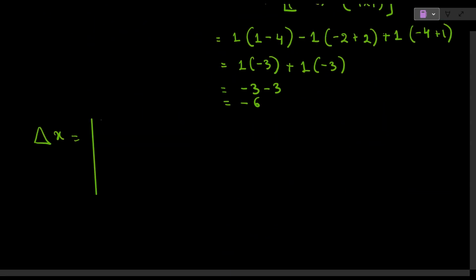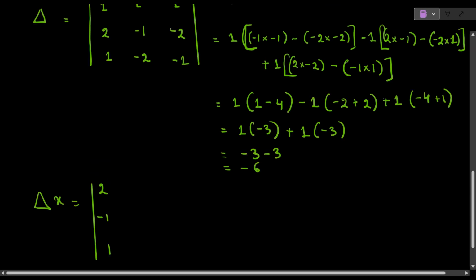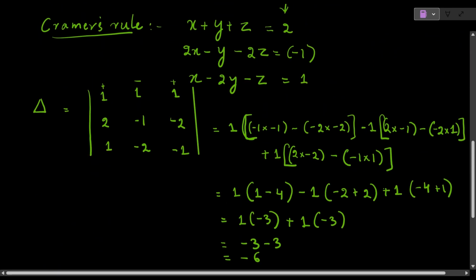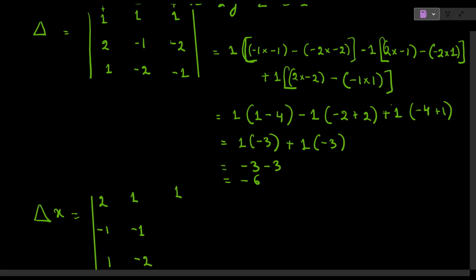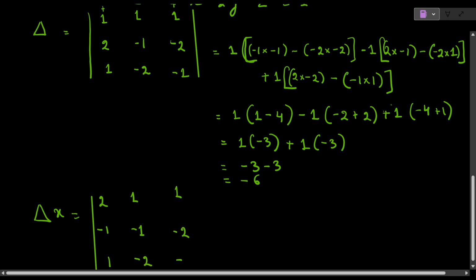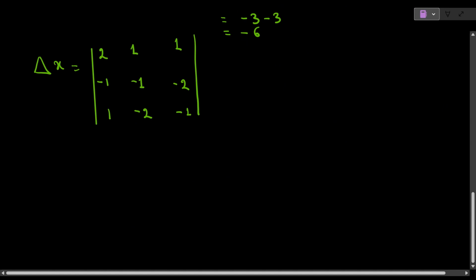And next 2 columns, we have to write the coefficients of y and z as it is. So these are 1, minus 1 and minus 2, and this is 1, minus 2 and minus 1. Did you understand, students? Now let us find the value of delta x.